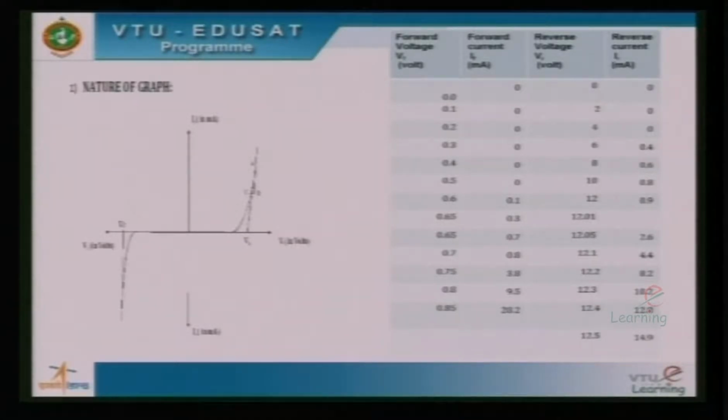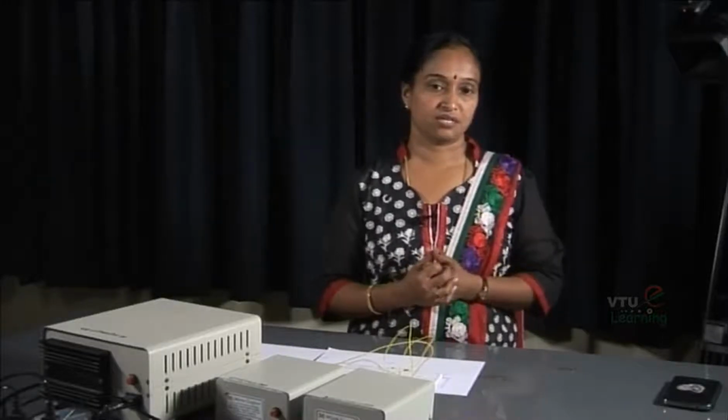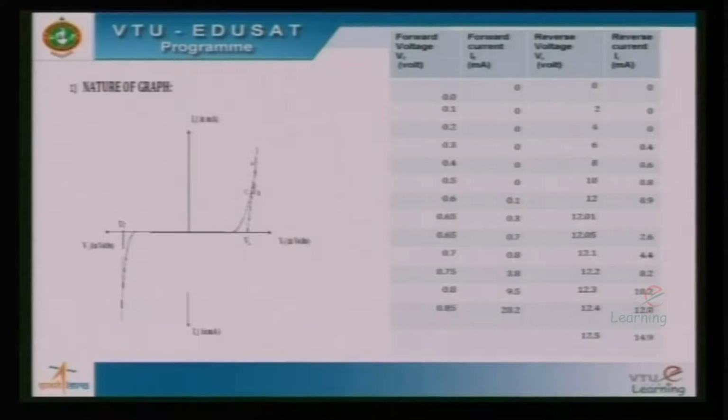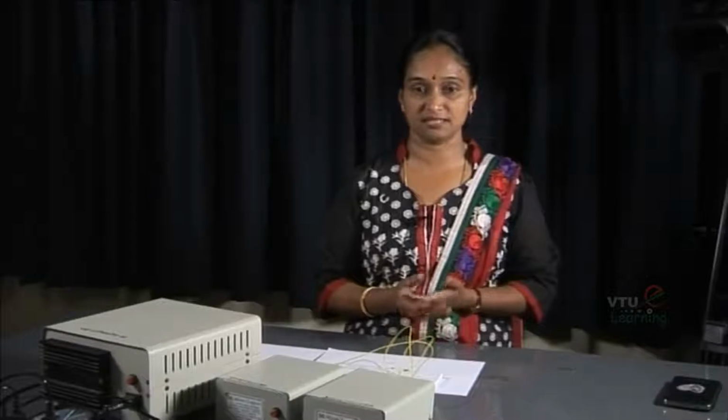This is depicted in the graph, wherein you can see a sharp increase in the value of current, and this particular voltage is referred to as Zener breakdown voltage. So from the graph we obtain the results.